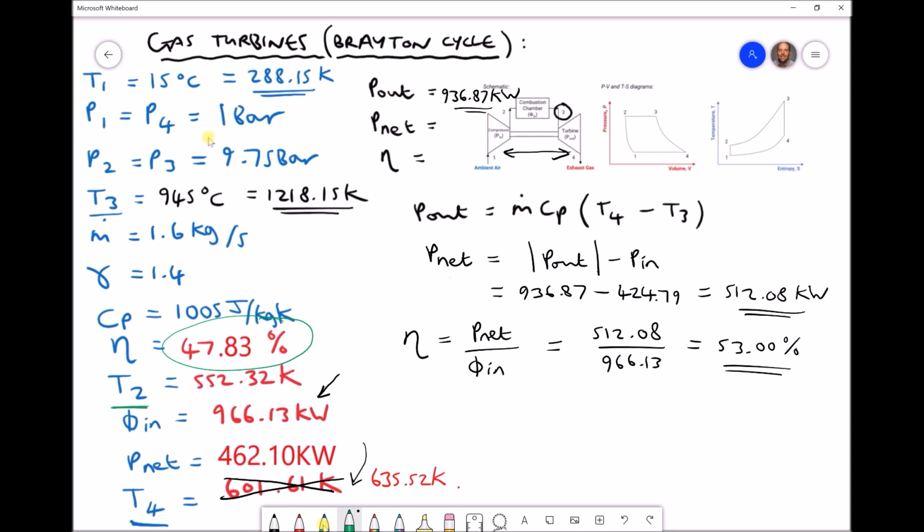And then finally, we've looked at an example involving heat regeneration, where the air entering the combustion chamber is preheated in order to achieve a higher temperature at the output of the combustion chamber. And when we expand our turbine, we're able to generate greater net power. And in that example, we saw a theoretical efficiency slightly higher than the simple cycle of 53%.